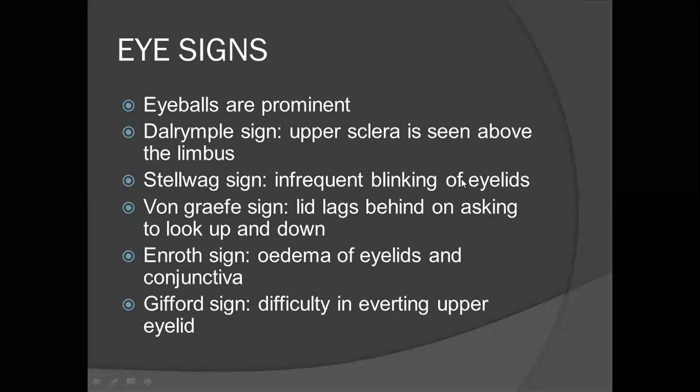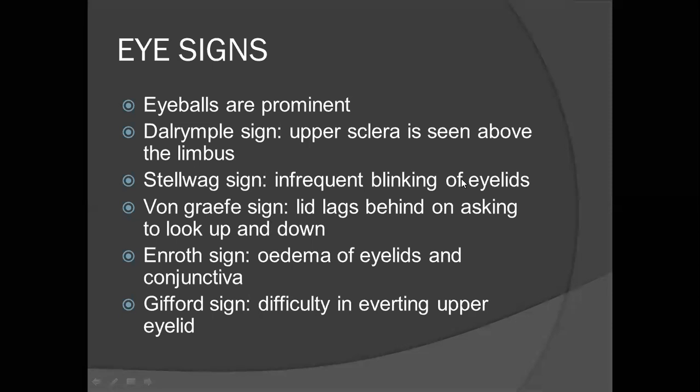Müller's muscle is one of the slips of the levator palpebrae superioris, and it is innervated by the sympathetic system. In hyperthyroidism, excessive sympathetic activity is there, so Müller's muscle goes into contraction and pulls the eyelid up like this.